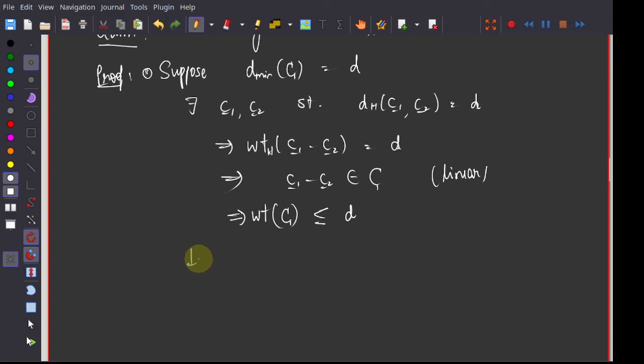Okay. So what would happen if the Hamming weight of the code is strictly less than d? Can this happen? Why? Which are those two code words?